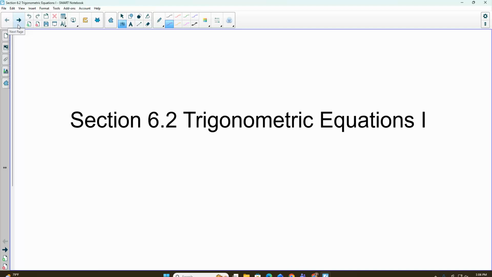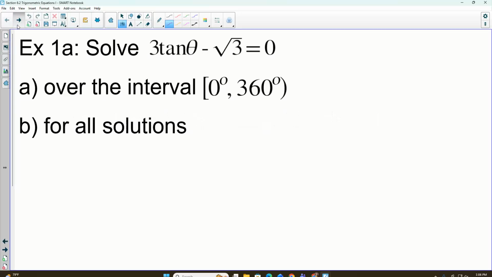The equations we're going to be solving, we're still finding an angle, so it's thinking like an inverse. But if the original problem doesn't have an inverse in it, we are thinking about every time on the circle that happens. So for example, if I ask you to solve the equation 3 tangent of theta minus the square root of 3 equals 0.